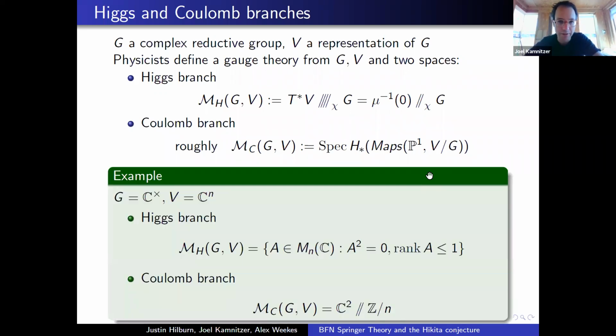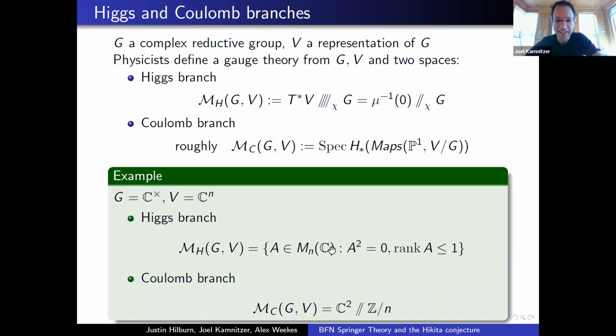Soon I'll give a more precise definition of this Coulomb branch construction, but before that, let me give an example. A very simple example: I'll just take G to be C star, V to be C^n. In this case, this Higgs branch, sorry, my slide is slightly inconsistent. This Higgs branch comes in two flavors, depending on if you take a projective GIT quotient or an affine GIT quotient. Above I wrote the projective GIT quotient, and in the example I wrote the affine GIT quotient.